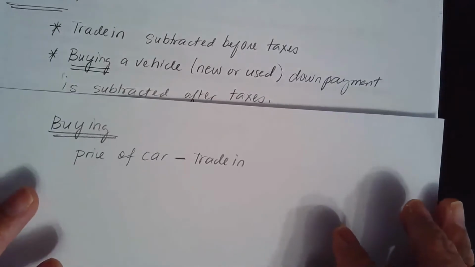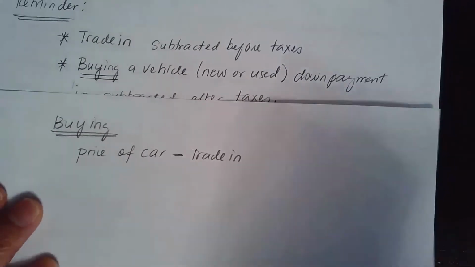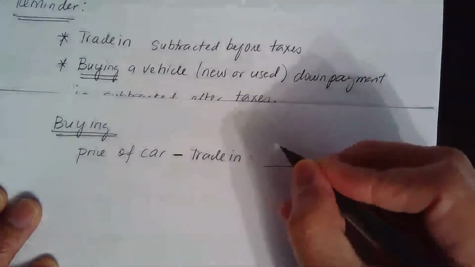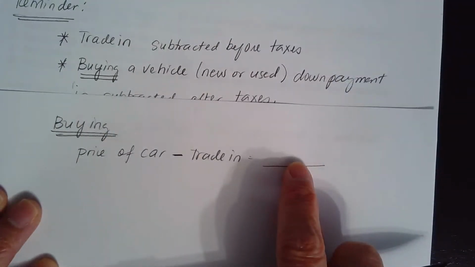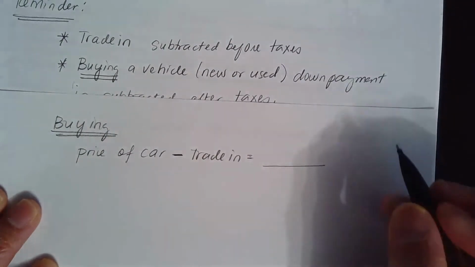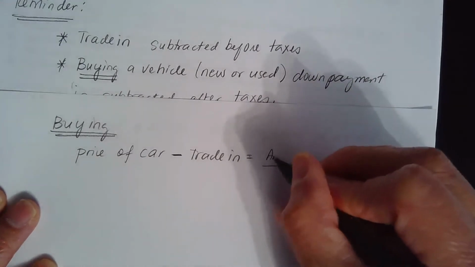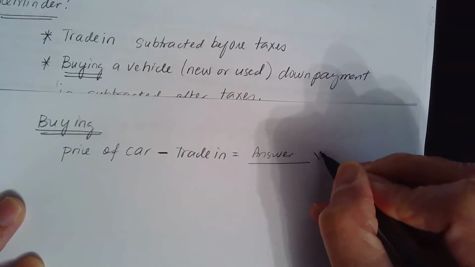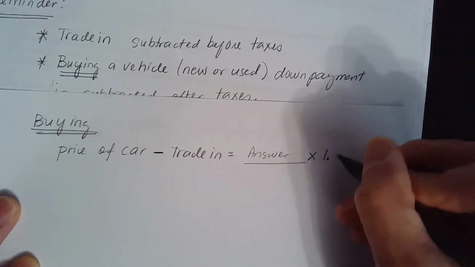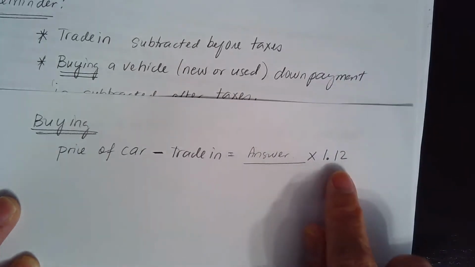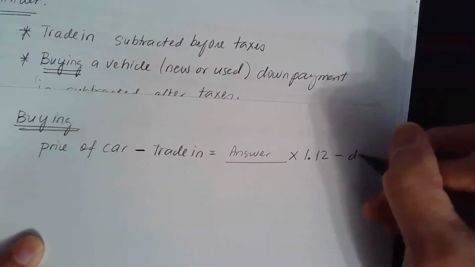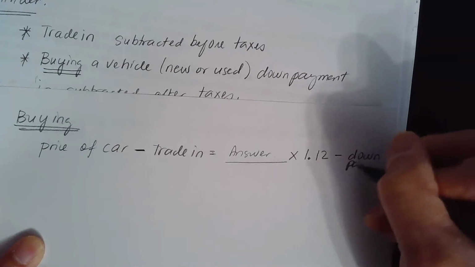And whatever answer you get there, you're going to multiply that by 1.12, which is the taxes. And then you're going to subtract the down payment.